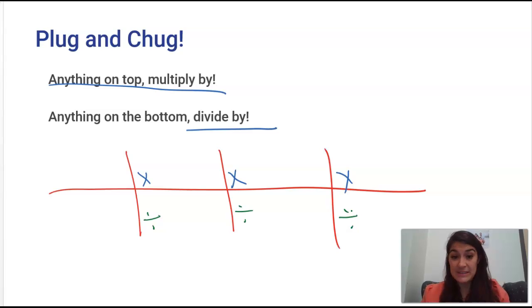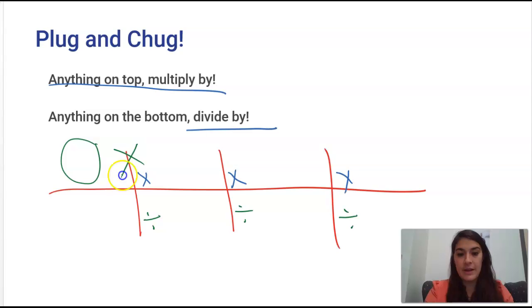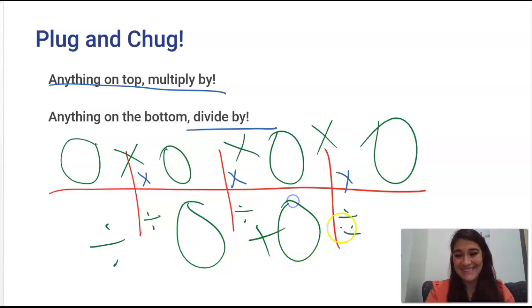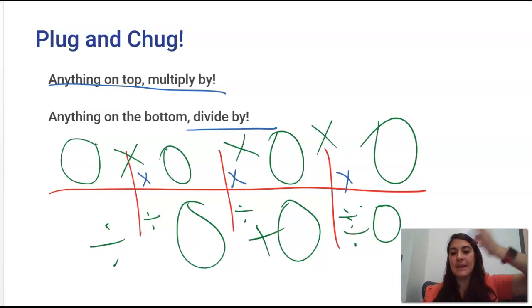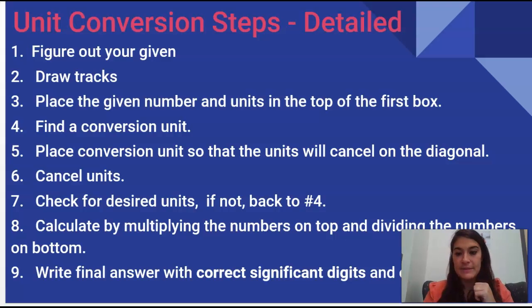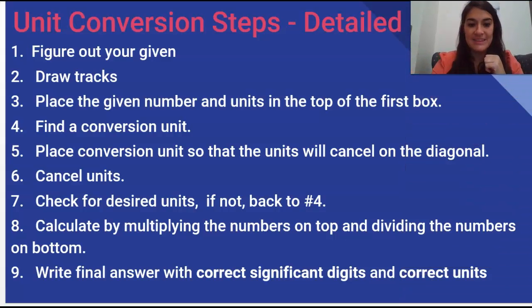So when you plug something like this into your calculator, you'll take whatever is right here, times this, times this, times this, divided by this, divided by this, divided by this, okay? Now, multiplying and dividing by 1, that, friend, you don't have to do. We'll see a lot of 1s, but that is a good practice. So times, times, times, everything on the top, divided by, divided by, divided by, anything on the bottom. So go ahead and take a pause and read through these steps.